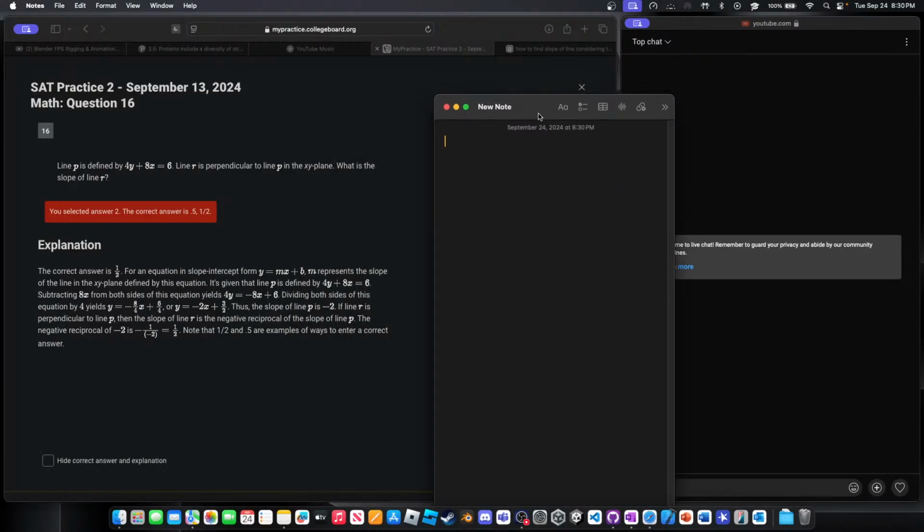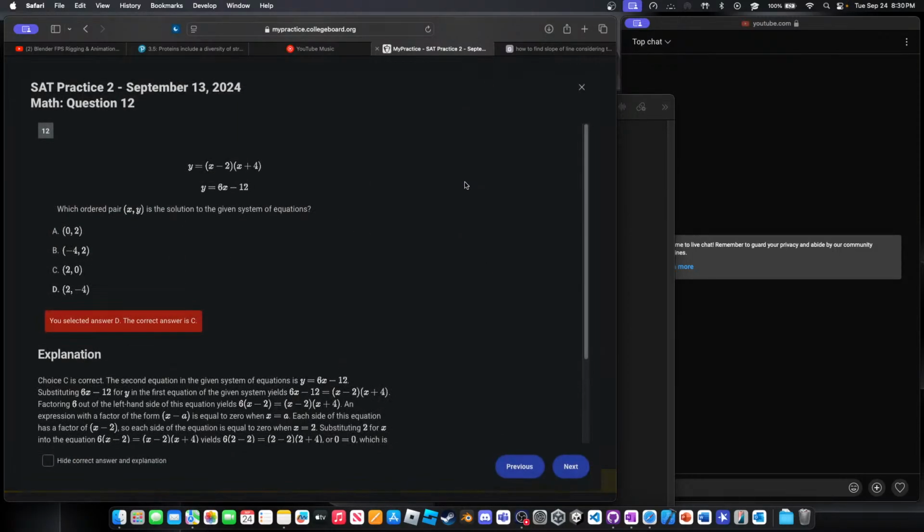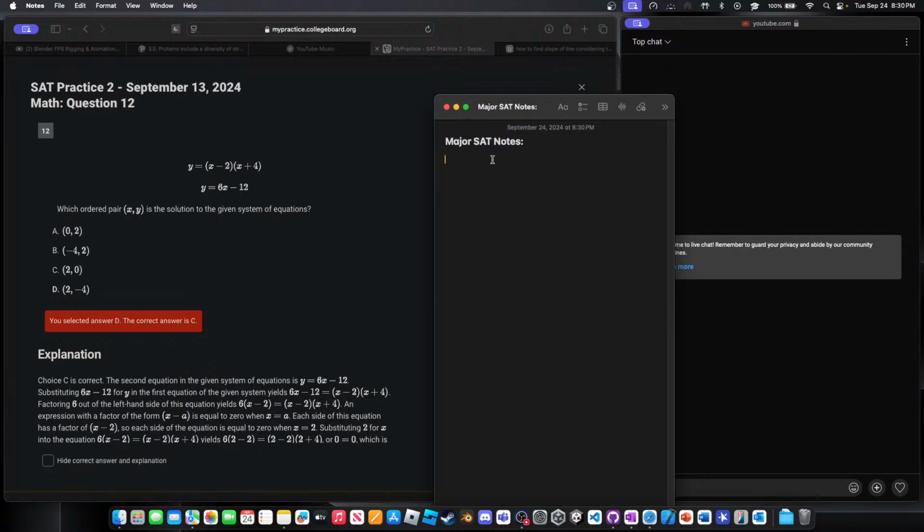Here we go. Rule. Major SAT notes. Okay, so let's go back to that previous one. Always make sure to factor to see if you can solve it.